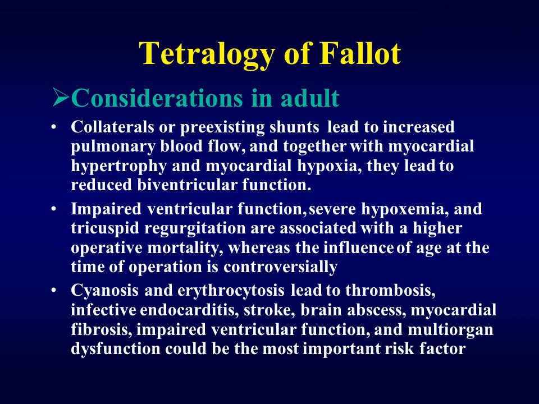Impaired ventricular function, severe hypoxemia, and tricuspid regurgitation are associated with a higher operative mortality, whereas the influence of age at the time of operation is controversial. Cyanosis and erythrocytosis lead to thrombosis, infective endocarditis, stroke, brain abscess, myocardial fibrosis, impaired ventricular function, and multi-organ dysfunction, which could be the most important risk factor.